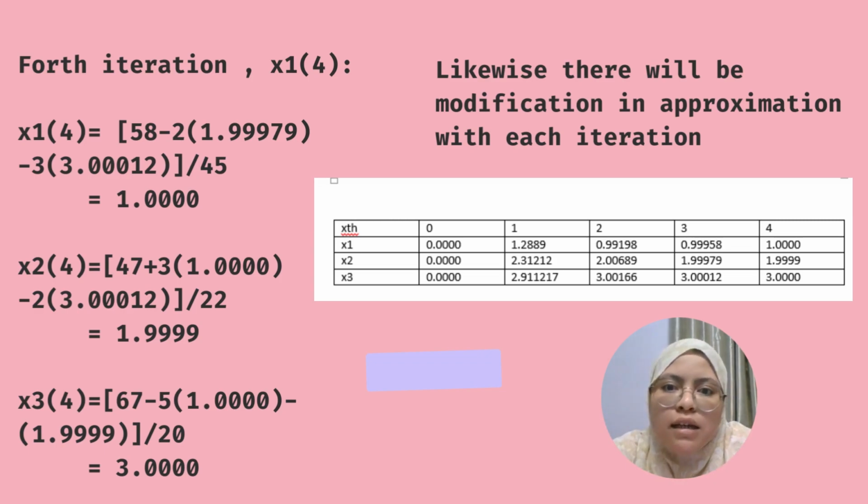Here in the table, we can see the first, second, third, and fourth iterations. For the values S1, S2, and S3, at the third and fourth iteration they become near the converged value.